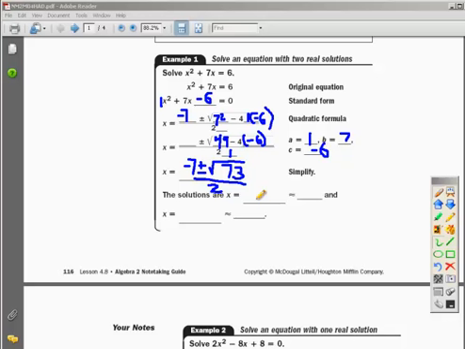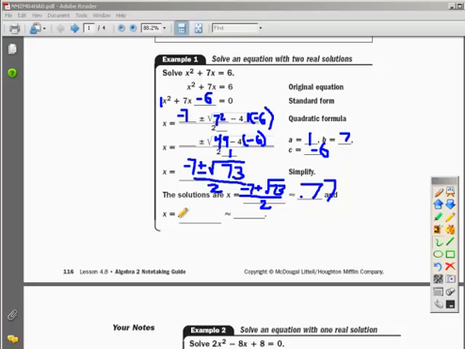So what does that result in as answers? Well, it's going to be negative 7. When I say plus or minus, I literally mean plus the square root of 73 over 2, which in my calculator, if I typed all that in correctly, I got 0.77. You should probably practice typing that in yourself and make sure you get that.